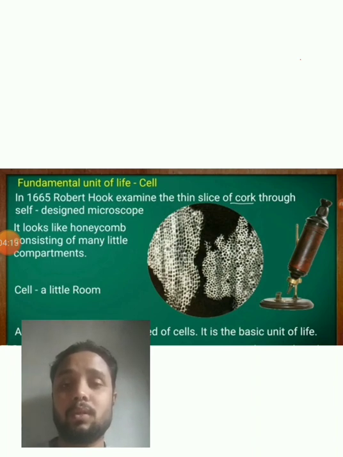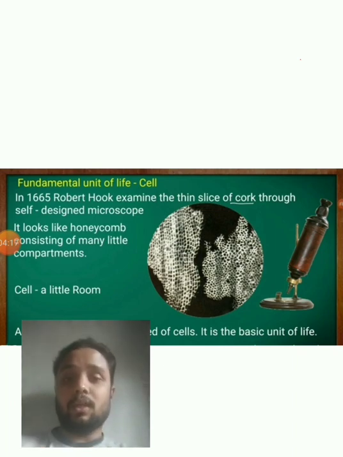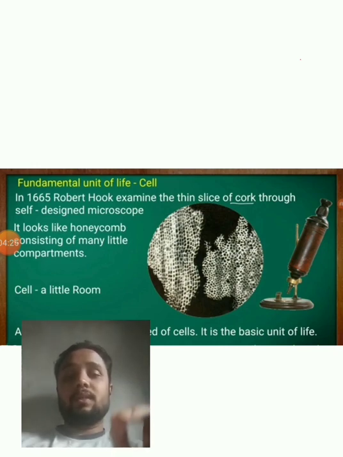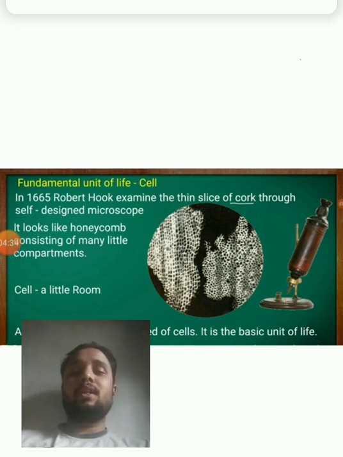In 1665, Robert Hooke made a self-designed microscope, and with it he discovered the cell. Before that no one had discovered the cell. In his discovery, the cell looked like a honeycomb, consisting of many little compartments.